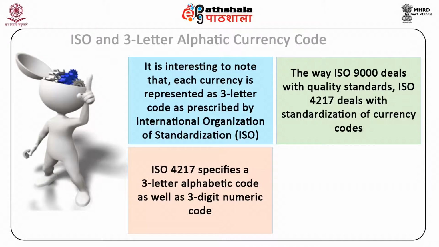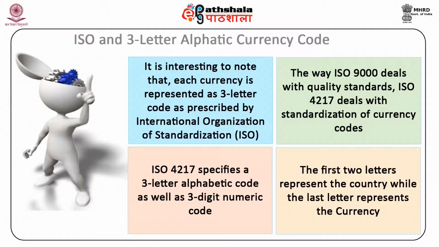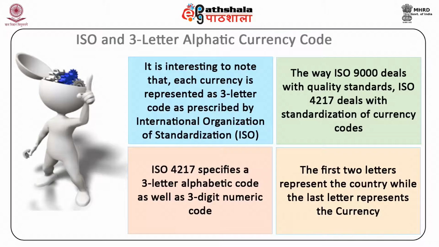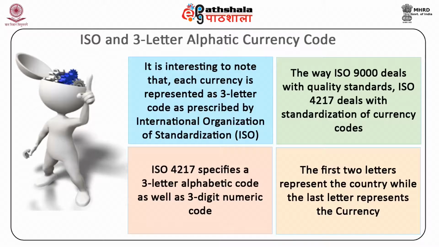ISO 4217 specifies a three-letter alphabetic code as well as a three-digit numeric code. The first two letters represent the country while the last letter represents the currency. For example, USD, INR and AUD are the currencies of USA, India and Australia respectively.